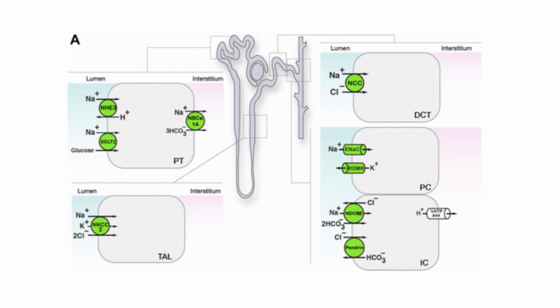In this picture, you will see that various processes at various different sites are responsible for absorption. See, in the PCT, sodium is absorbed along with the glucose via the glucose transporter. Okay. And this is an example of secondary active transport.